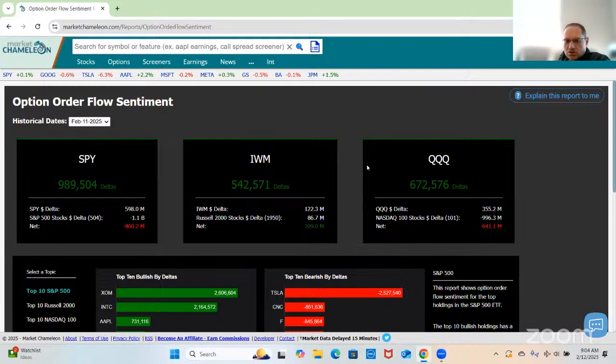Now, in this option order flow sentiment, there are a couple things here that we're doing. Besides getting raw data, how do we convert the raw data into more meaningful insights? And we have to start analyzing it.